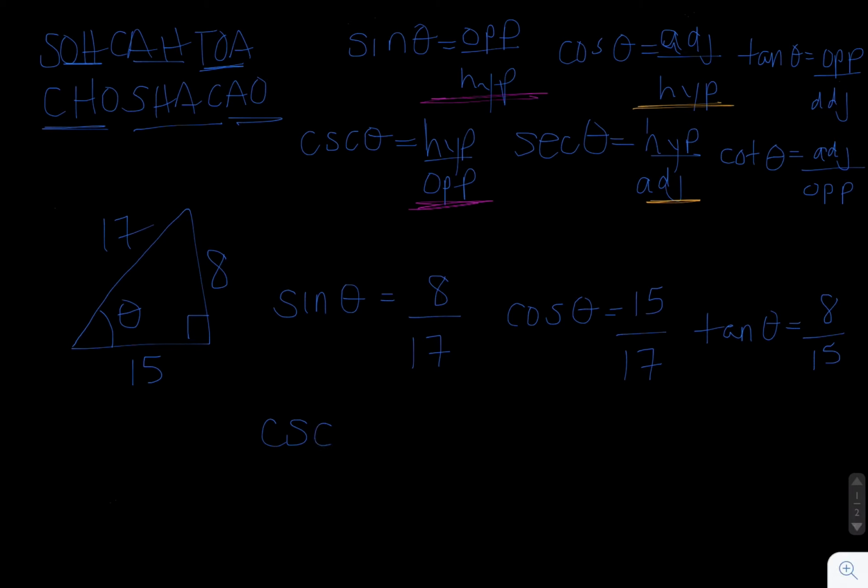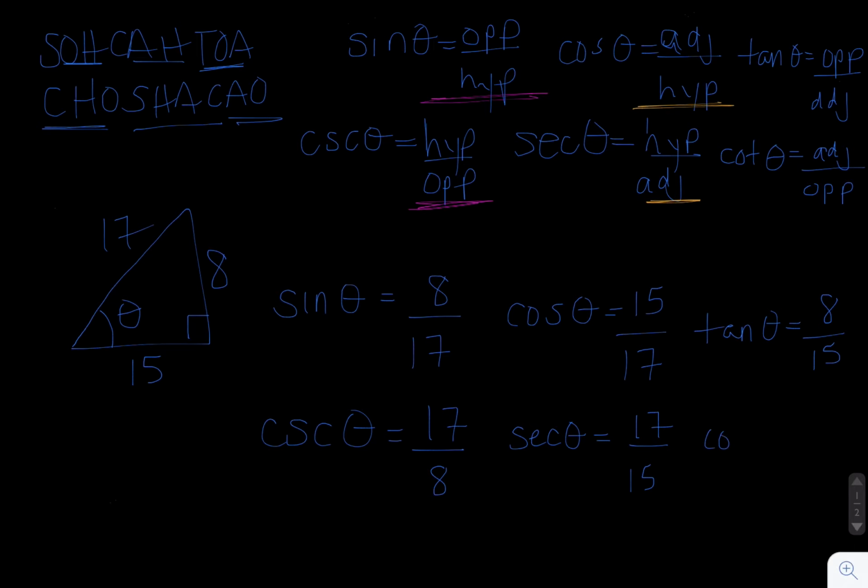Let's move on. So cosecant, remember, is the reciprocal of sine. So if we just flip that fraction, that would be 17 over 8. Secant of theta is the reciprocal of cosine, so that would be 17 over 15.